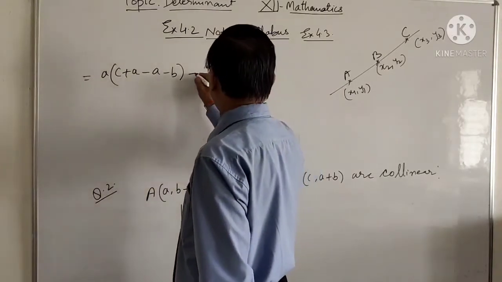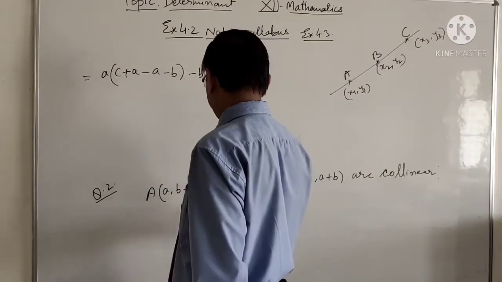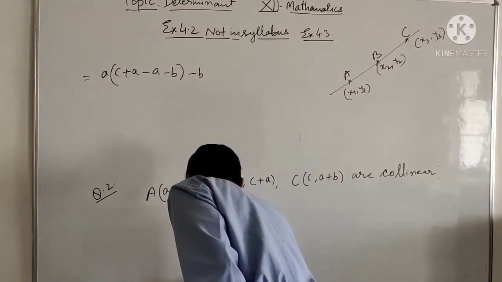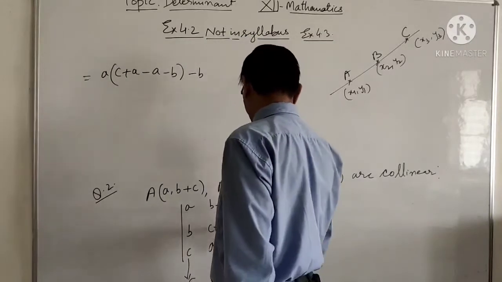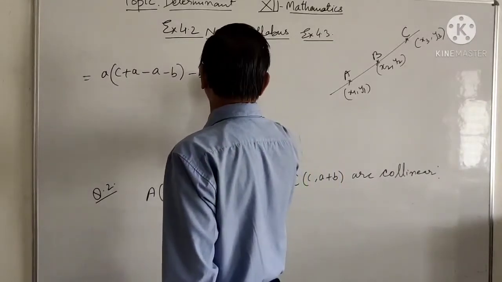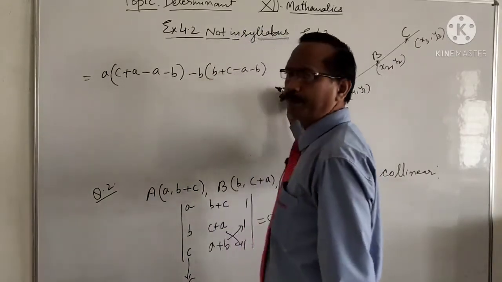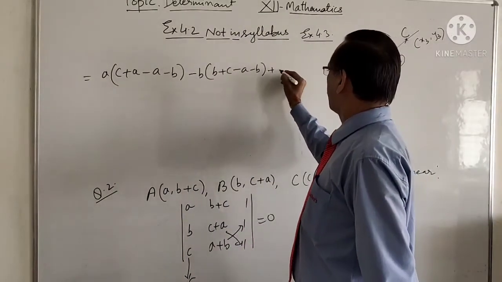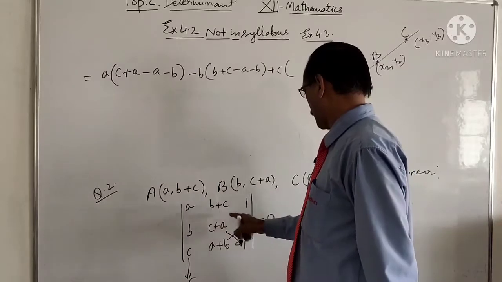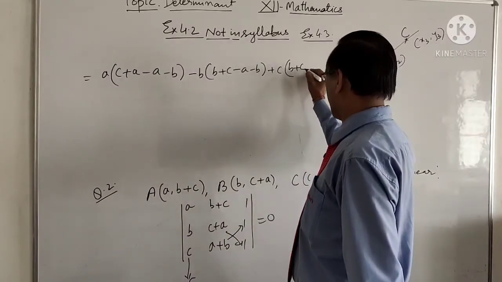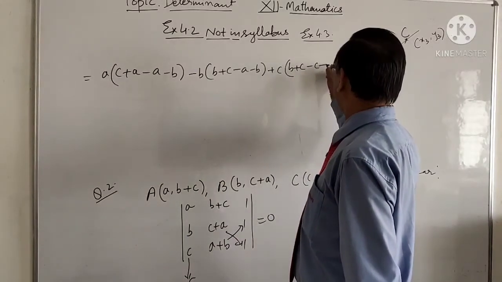Then minus b, expanding with respect to C1, b into (b plus c) minus (a plus b). Then c into (b plus c) minus (c plus a).